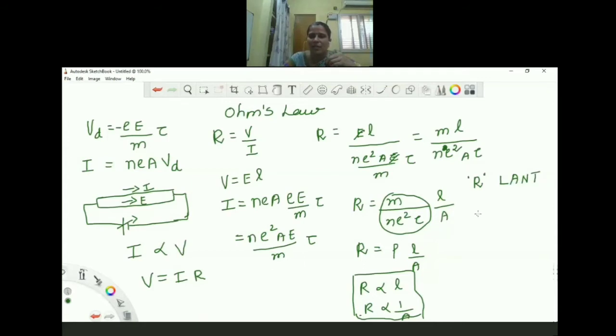And similarly, what is resistivity? Resistivity, which is also called the specific resistance.